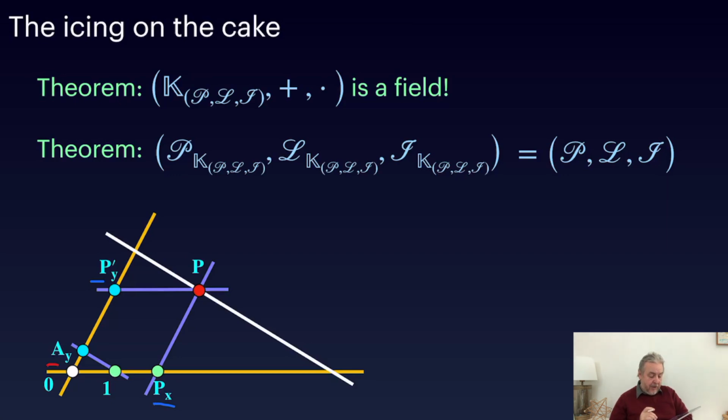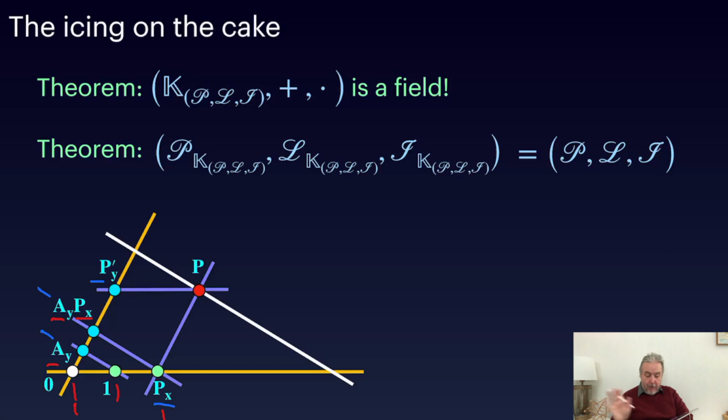And now we will do the following. We will take this parallel here and call this point here Ay times Px. Actually, it comes from Ay times x, because if you look at it, the ratio between 0 and 1 and 0 and Px by this kind of parallelism is the same as the ratio of Ay and Ay times Px.